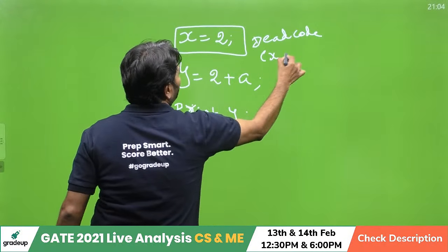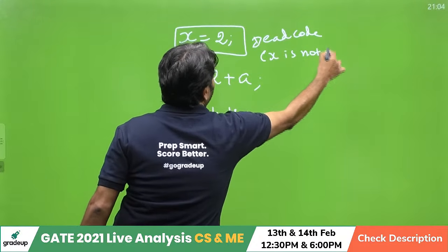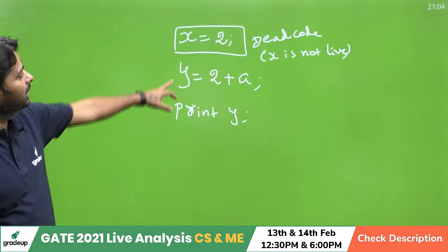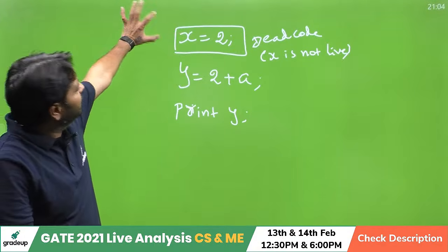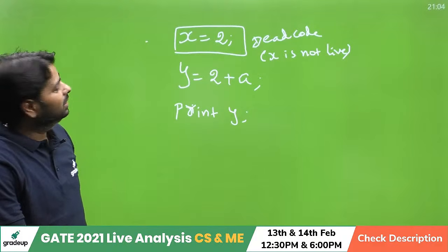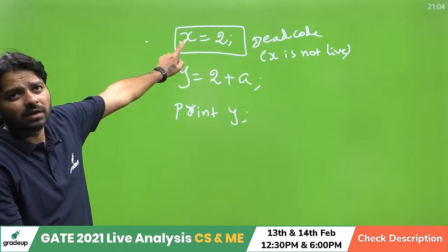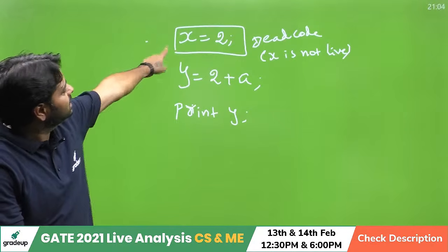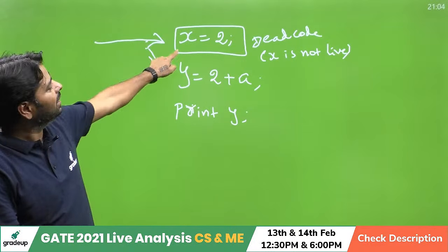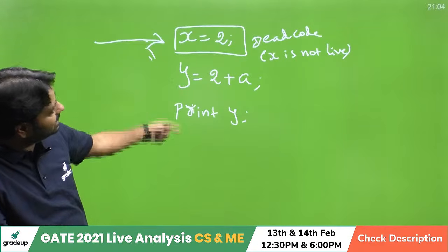If you use optimization, we say x is not live. If you are using data flow analysis, you will know that x is not going to be live, because in live variable analysis, when we compute, x is not visible. That means this statement is dead. I hope you remember this concept. If you compute the live variable set, x is not live there because nobody uses x in the future.